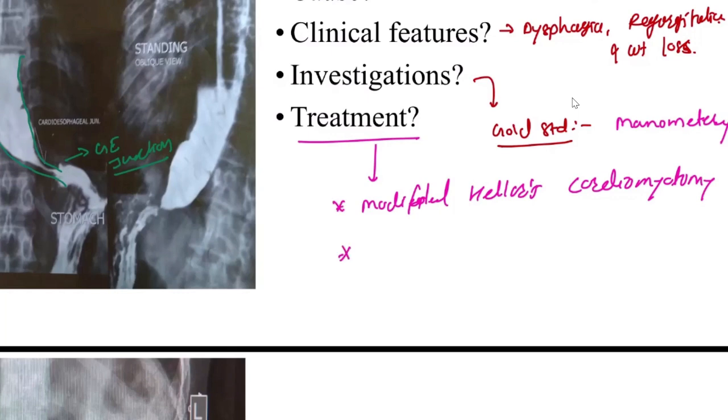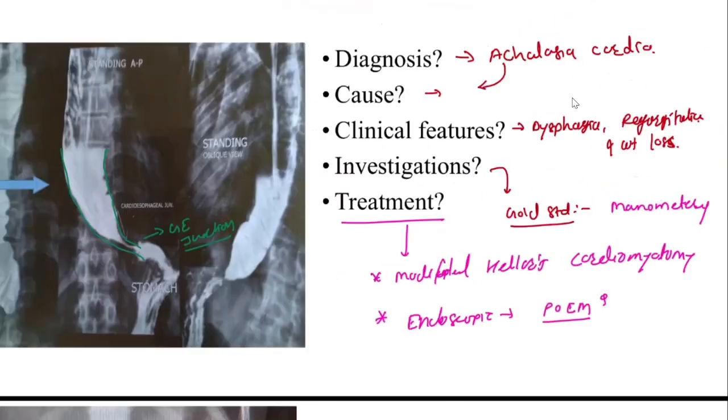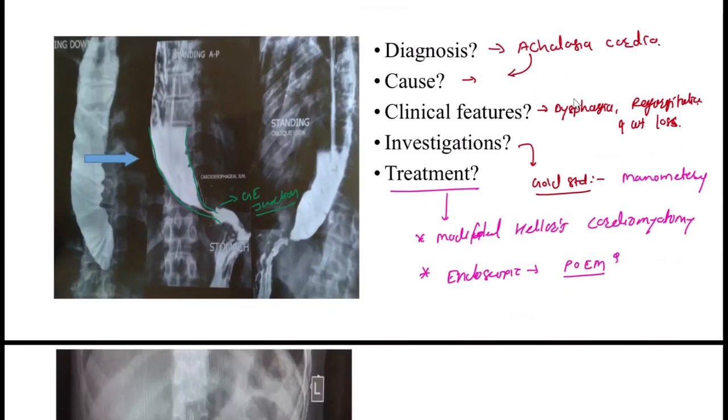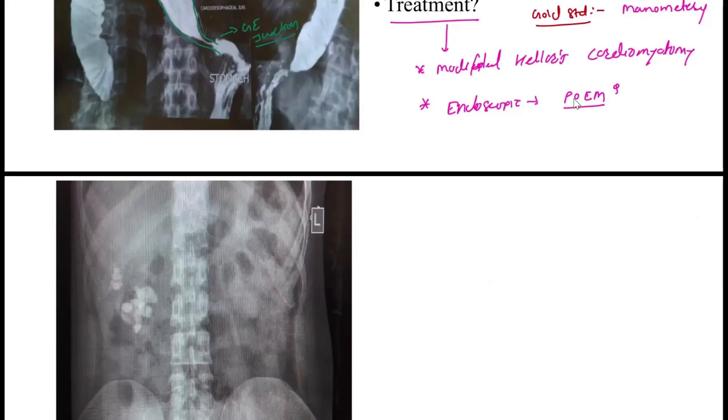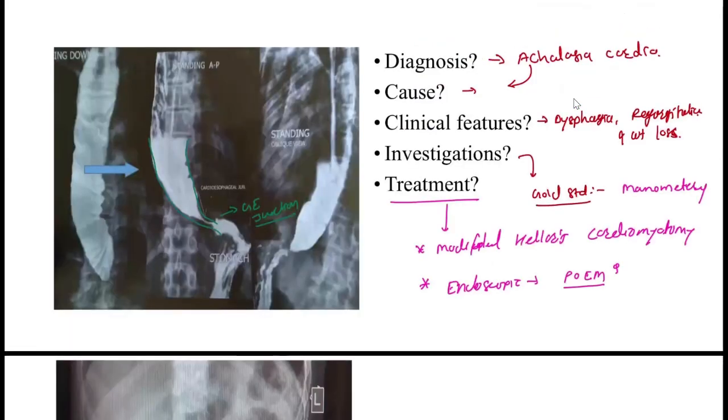If endoscopic treatment is done, it is POEM, per oral endoscopic myotomy. The best results for per oral endoscopic myotomy are seen in case of a grade or type 3 Achalasia cardia, according to the recent guidelines.